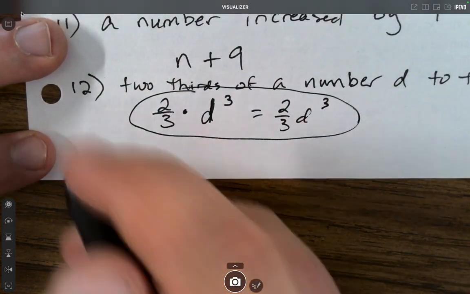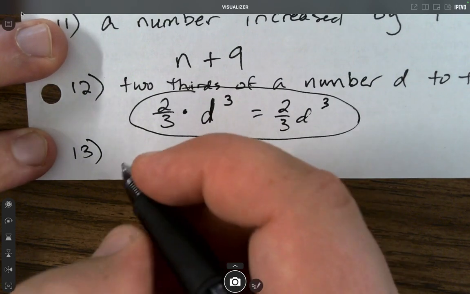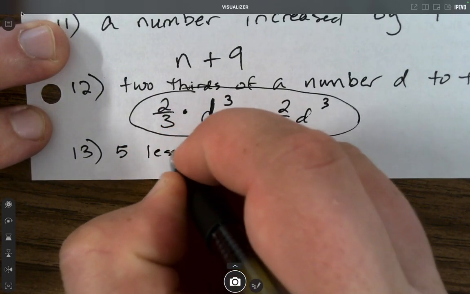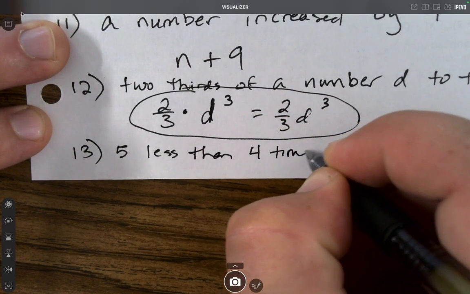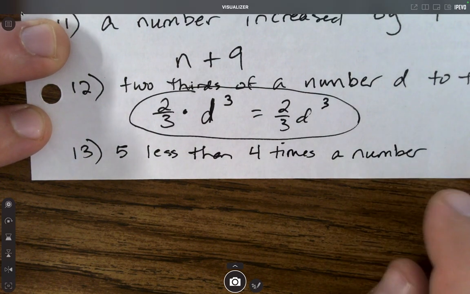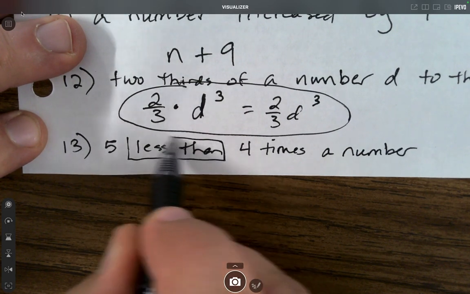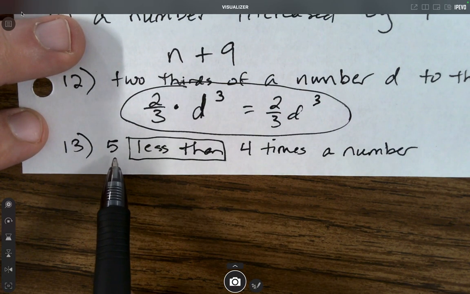Okay, last one in this section. 5 less than 4 times the number. Okay, this phrase you must remember is the one that makes us do things backwards. In almost all of these problems, you write things in the order they show up.